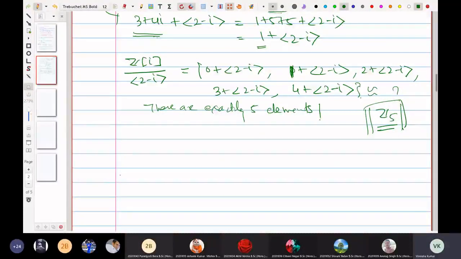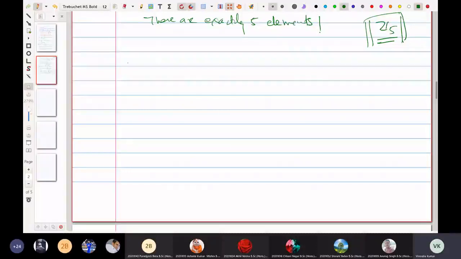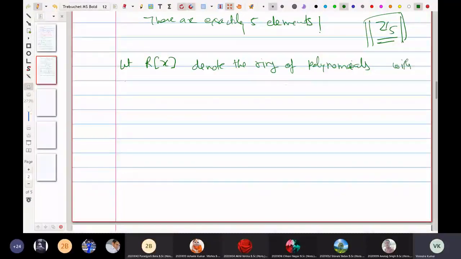Okay, let us take another example, which is also going to be an interesting one. So the next example is: let R[x] denote the ring of polynomials with real coefficients. And let x square plus 1 be a polynomial.